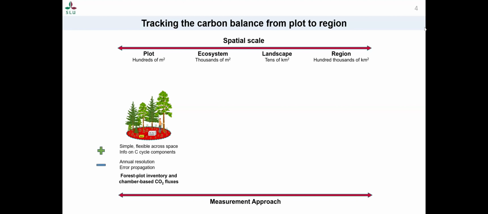And this method is quite simple to carry out. Anyone can basically do it, and it's also quite easy to do this at many different places. So it's a good method to cover a spatial gradient.